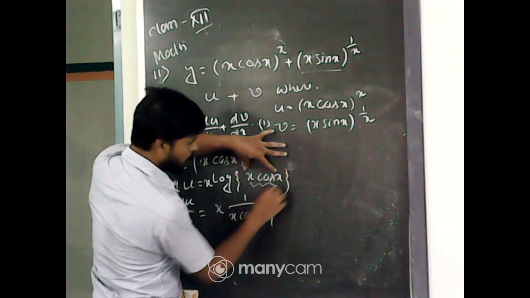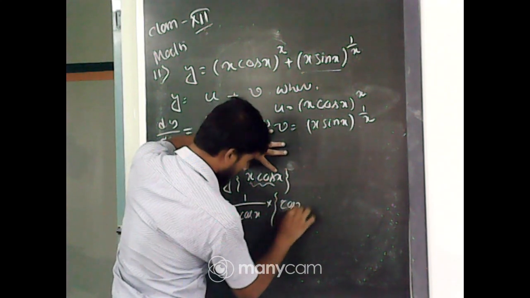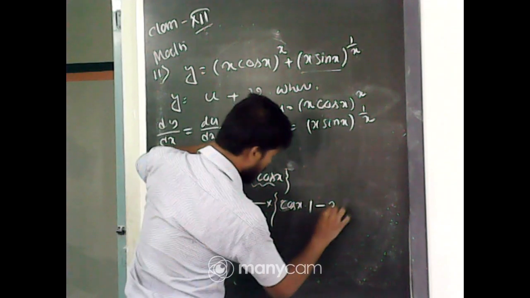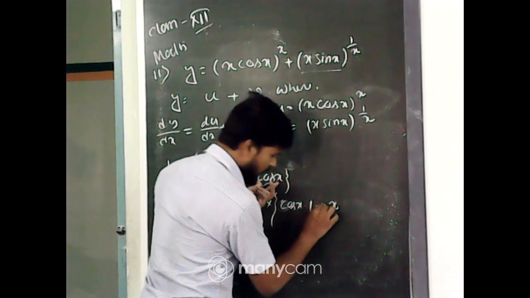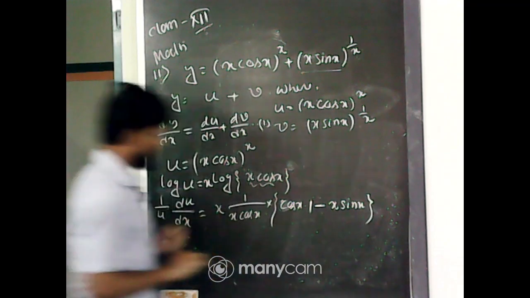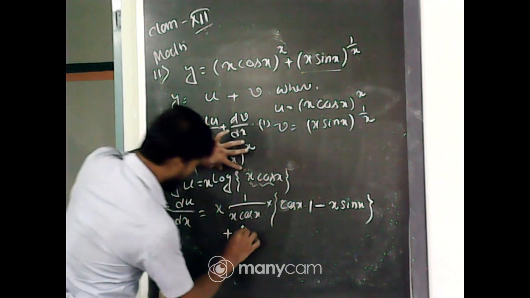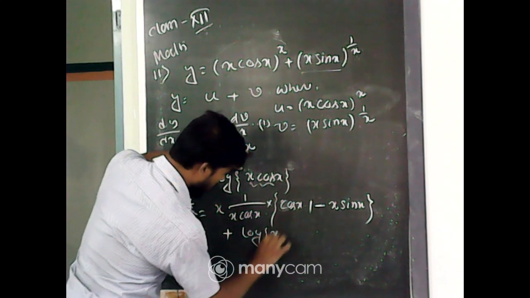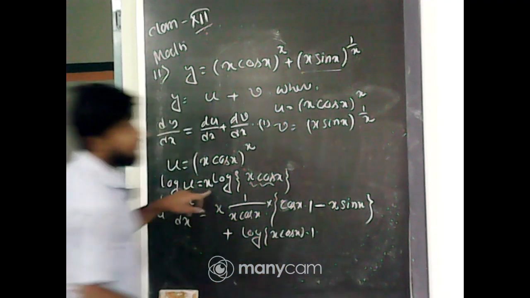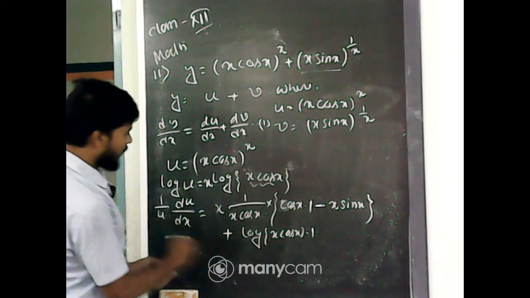This is also a product of two functions. So first function, second function fixed, into derivative of first function, which is 1, plus first function fixed and derivative of cos x, which is minus sin x. Plus now make the second function fixed, log of x cos x into derivative of x, which is equal to 1. Clear?